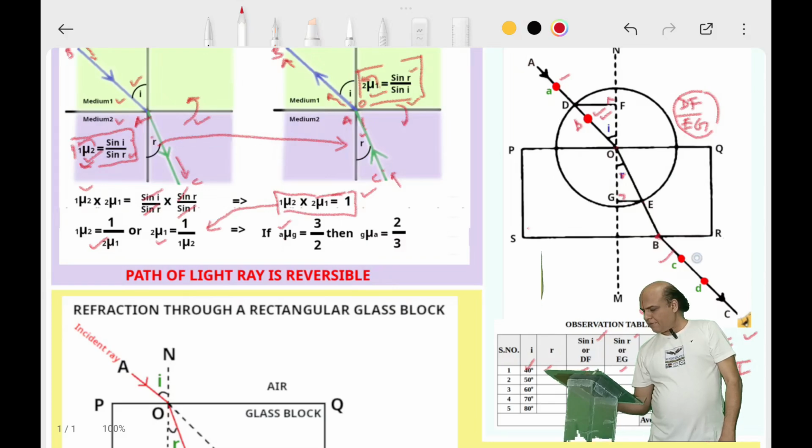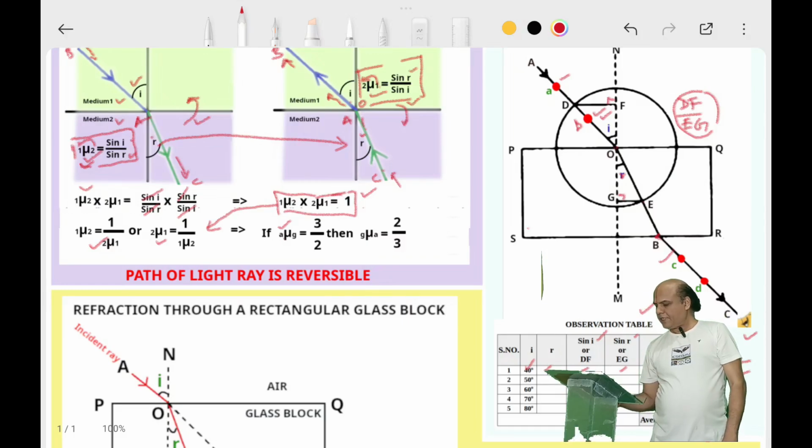So these two pins are fixed at C and D while you are looking at the actual objects at A and B. Now you can join a straight line connecting these two pins and extend it as BC. This BC line intersects the boundary of the rectangular block at B. If you join O and B, this would give you the refracted ray OB, and BC would be the emergent ray.